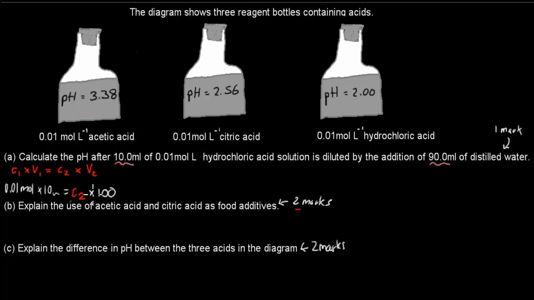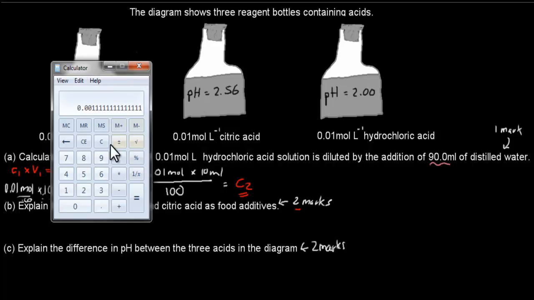We bring 100 over to the other side by dividing both sides by 100, and then we get a new formula which goes like this: 0.01 mole per liter times 10 mL, divided by 100, because we divided both sides by 100, so it goes down here, equals our new concentration. If we type all that in our calculator, we get the new concentration of hydrogen ions in our solution.